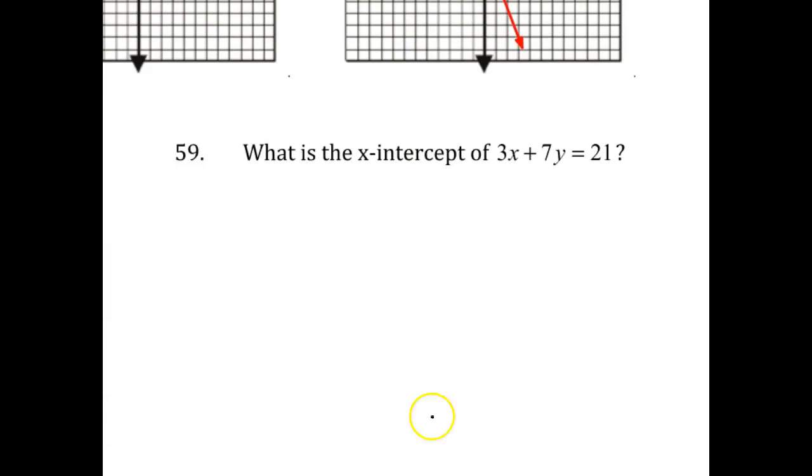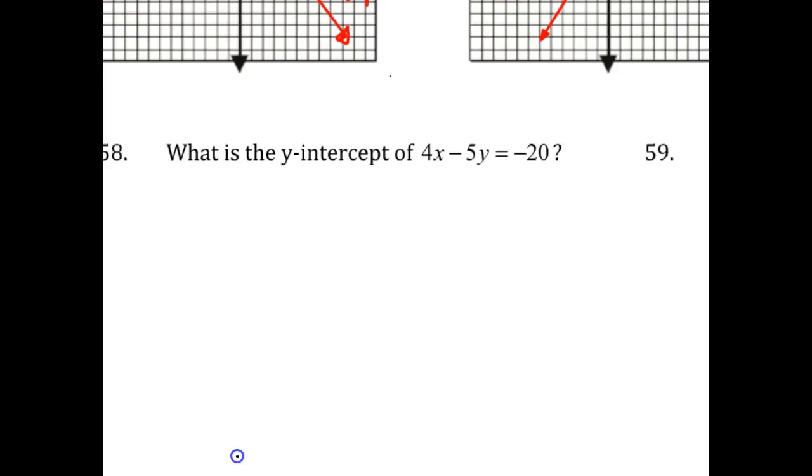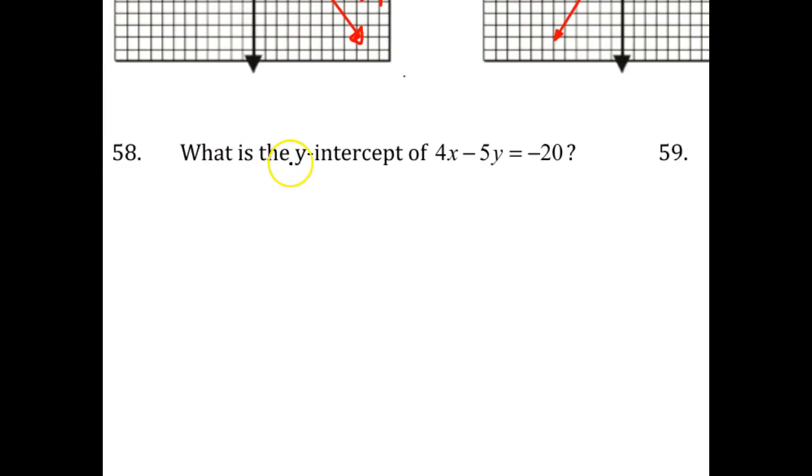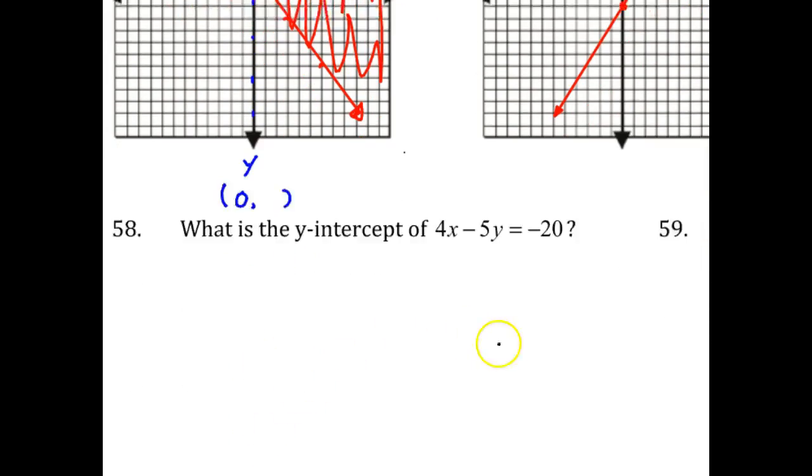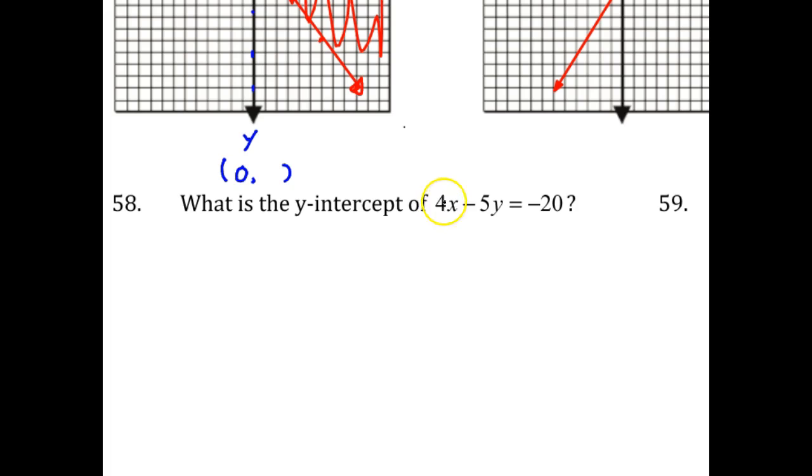Okay, just a couple more here. Find the y-intercept without a graph. So the y-axis is this axis. All of the points on it have an x-coordinate of 0, right? So the way we find a y-intercept without a graph is you plug in 0 for x.